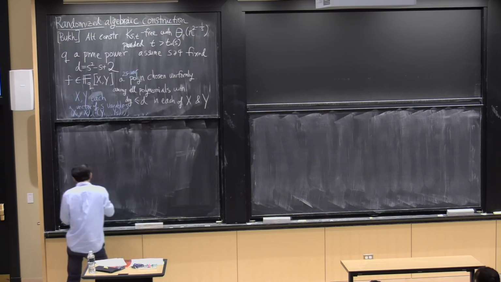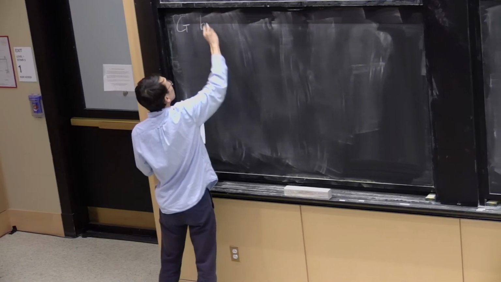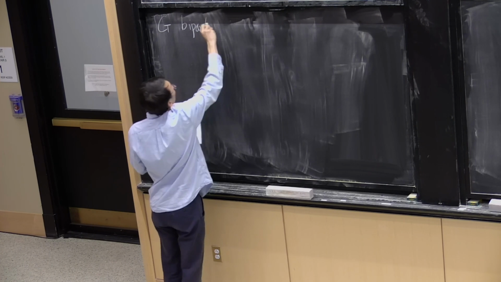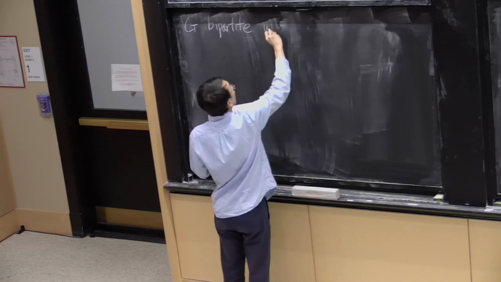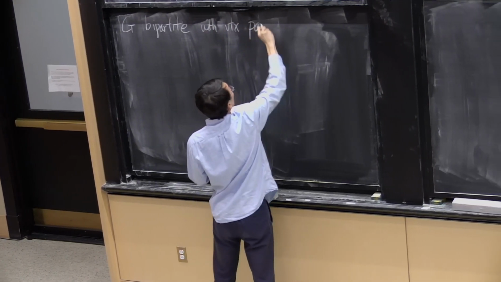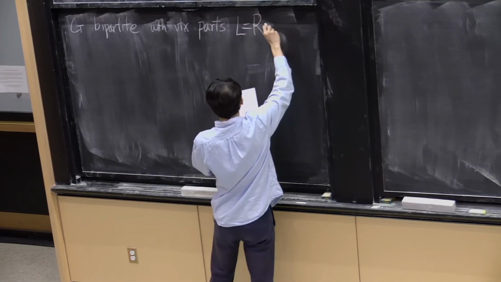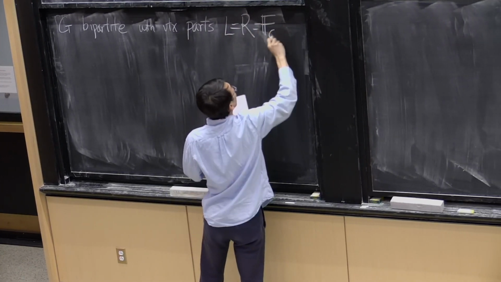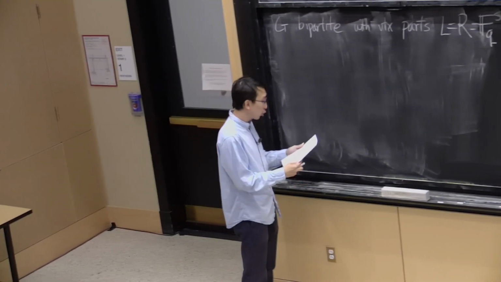And now what's my graph? We're going to construct a bipartite graph G. The bipartiteness is not so crucial, but it will make our life somewhat easier. It's a bipartite graph, so it has two vertex parts, which I will label left and right, L and R, and they are both the s-dimensional vector space over F_q.